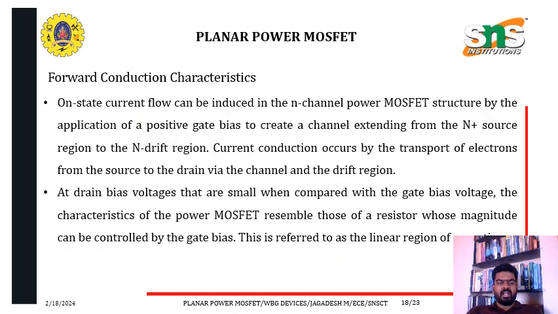Forward conduction characteristics. On-state current flow can be induced in the N-channel power MOSFET structure by the application of positive gate bias to create the channel extending from the N plus source region to the N minus drift region. At drain bias voltages that are small compared with the gate bias voltage, the characteristics of the power MOSFET resemble those of a resistor whose magnitude can be controlled by the gate bias.